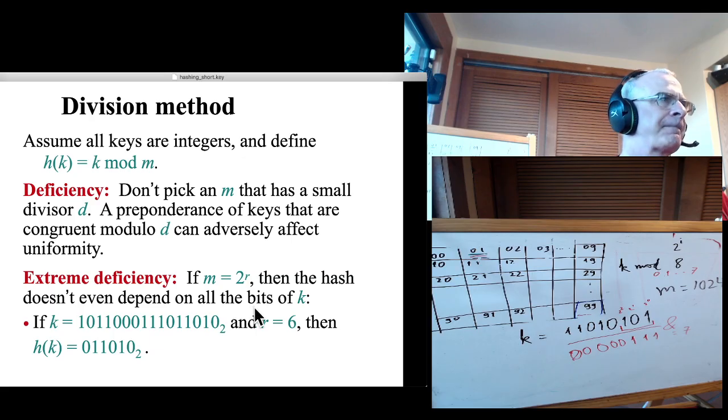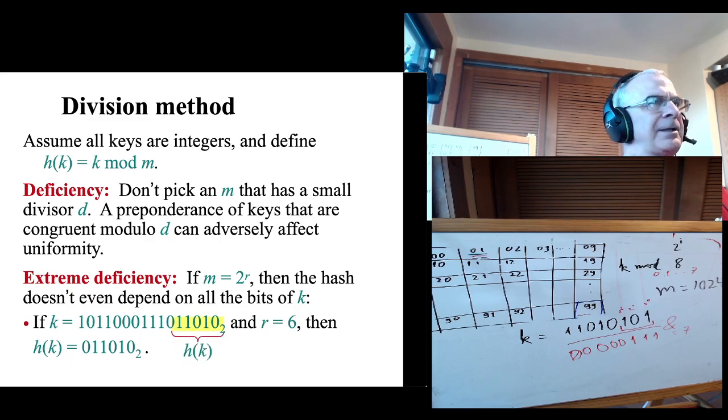Deal with it. Okay, once again, if m is 2 to the r, then the hash function doesn't even look at all the bits except the first r bits. Okay, then h of k, if we want m to be 2 to the r, that's the function that we're using. We are only looking at the few rightmost bits.